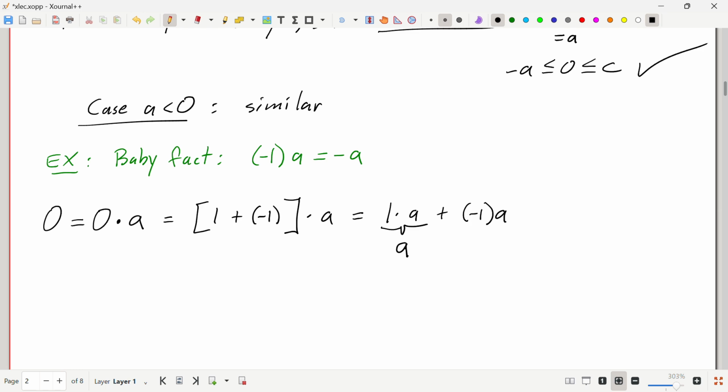And that means that this is the additive inverse. So the aha moment is minus 1 times a is the additive inverse of a.